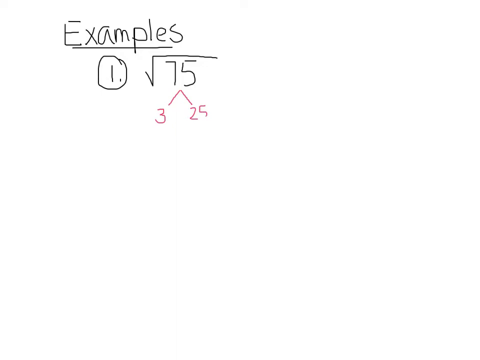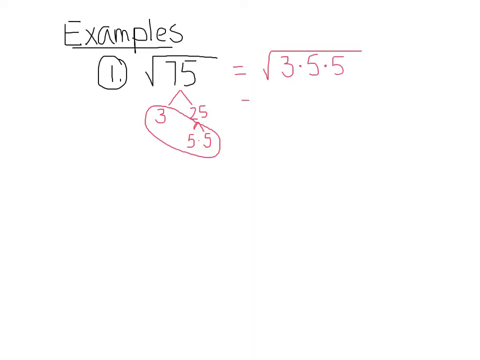That's one option. Now just keep breaking it down until you can't factor it anymore. 25 is 5 times 5. Now you have these prime factors, 3 times 5 times 5. So we could write that as the square root of 3 times 5 times 5.